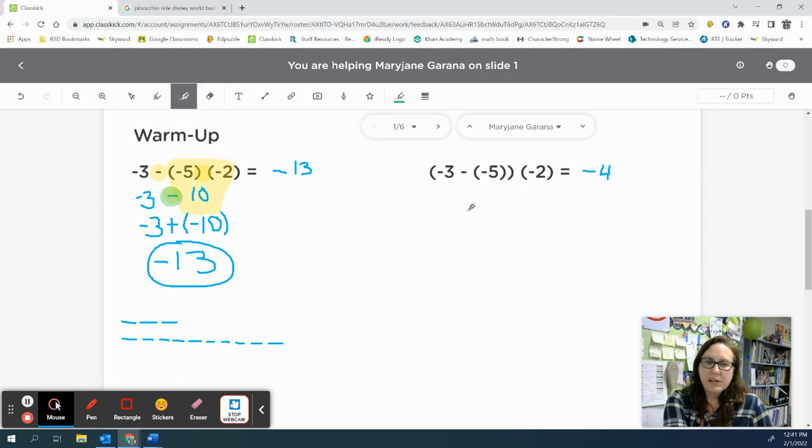All right, the second one here, we have negative 3 take away negative 5 times negative 2. So actually it's said the same way. But the big difference now is that we have something in parentheses, so we have to take care of that first. So we have negative 3 take away negative 5. That's got to be our first thing that we take care of.